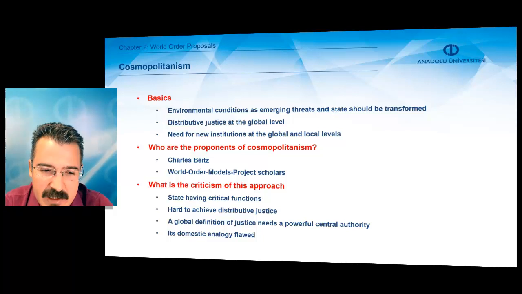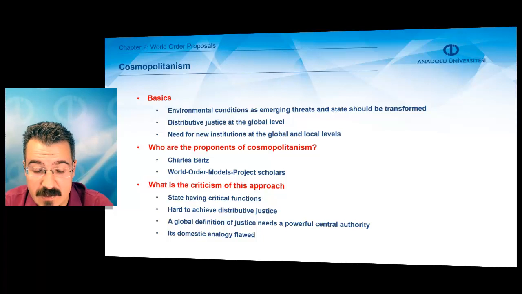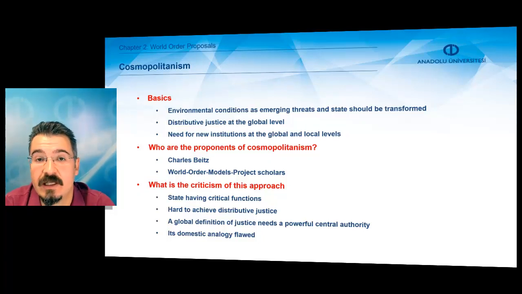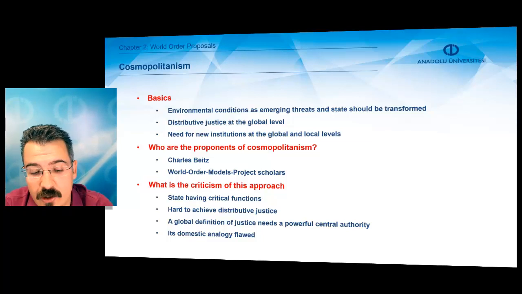This approach is against the state, or they have a problematic approach towards the state. People say that states fulfill critical functions, so we should pay attention to the state. Another problem is that they try to defend distributive justice. Well, it is really hard to achieve.